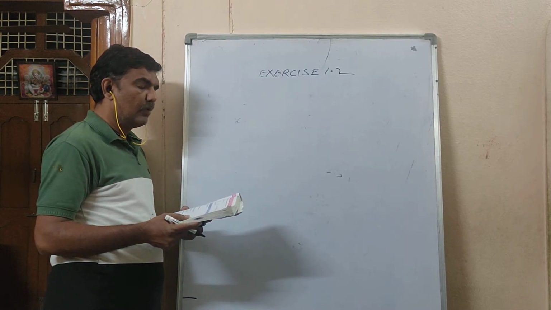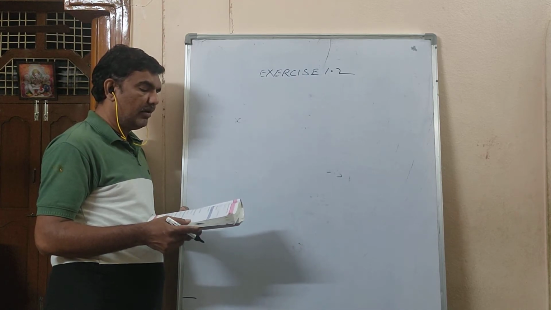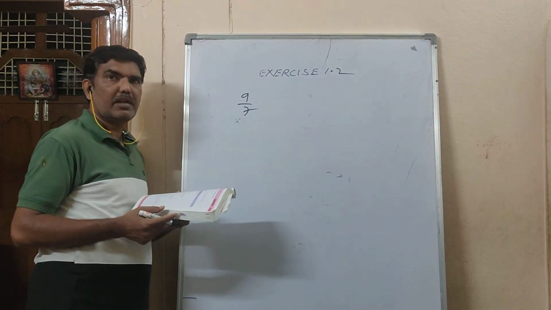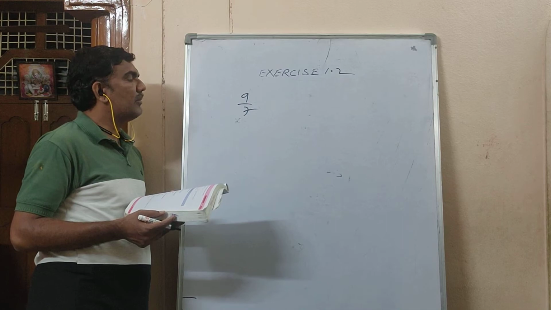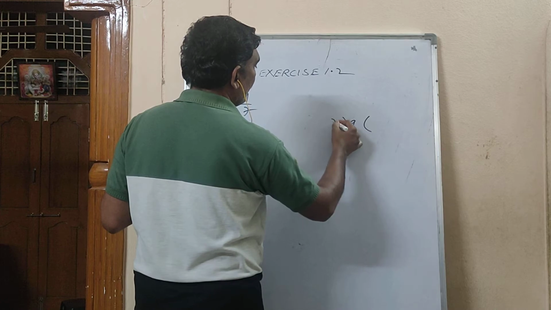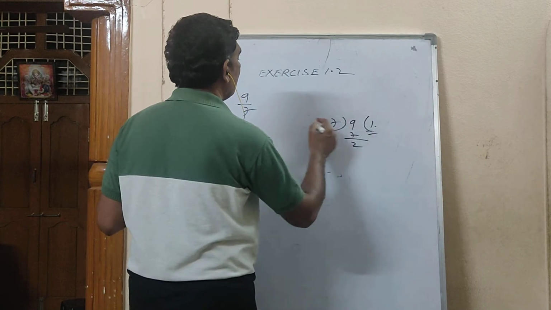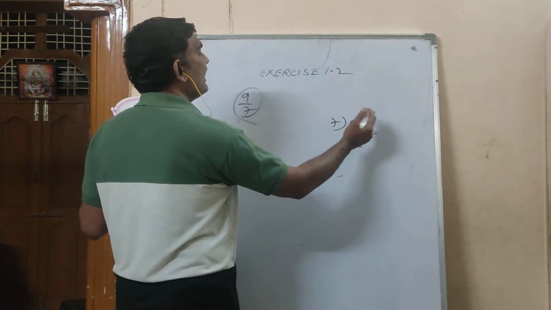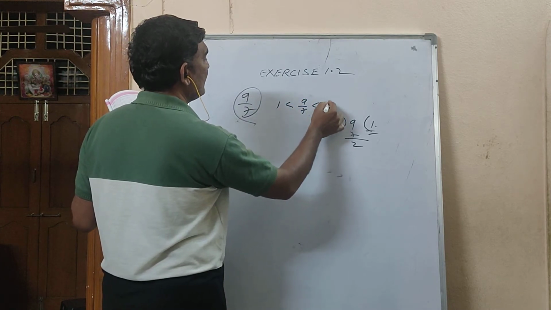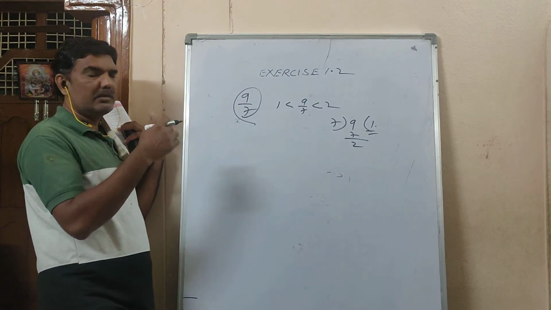How to represent a rational number on the number line. 9 by 7 is given. 9 by 7 is a rational number, and you have to represent it on a number line. If you divide 9 by 7, you get 1 point something. Means this 9 by 7 lies between 1 and 2. 1 is less than 9 by 7, which is less than 2.